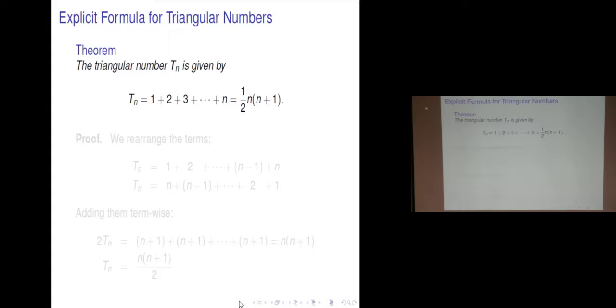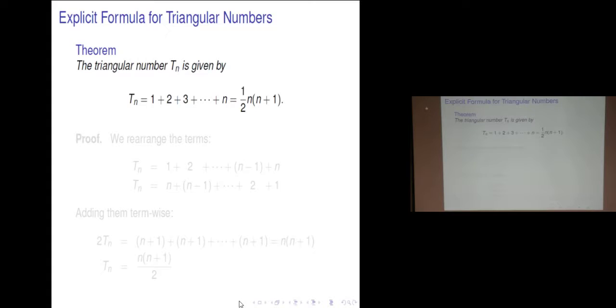Does it make sense? Is this always a whole number? We are adding some integers together, so the result must be an integer. But here you divide by 2. Is it possible that this product is not divisible by 2? No? Okay, lots of you know, right? I know you are good at math. If n is an even number, you can divide n by 2, so this gives you a whole number.